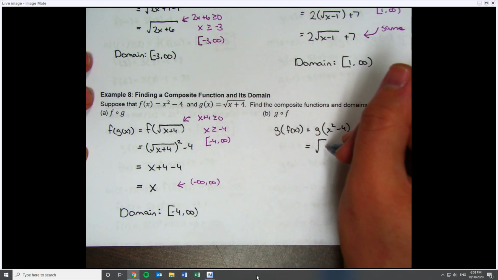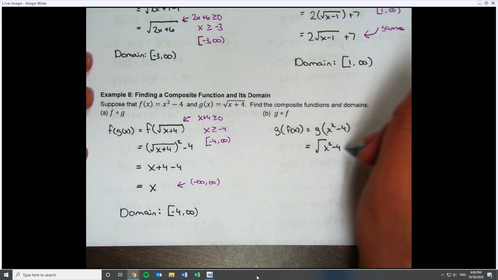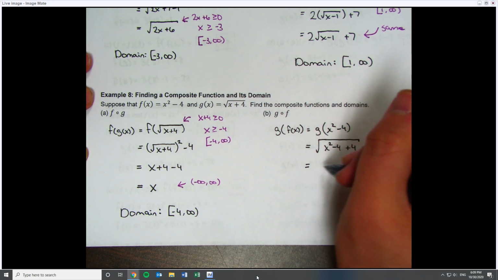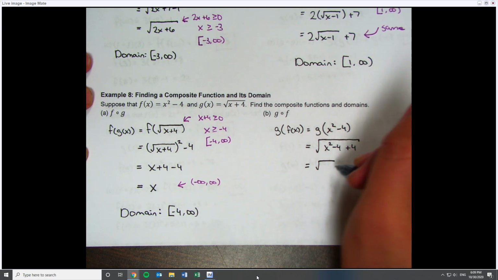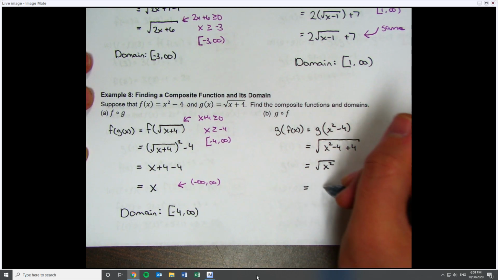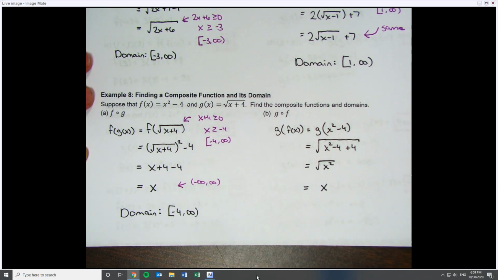Instead of x, I put x squared minus 4, and then plus 4. There we go. Right here, the 4 and the negative 4 cancel, so I get square root of x squared, which is just x again. They both ended with x, which is actually something pretty special that we're going to talk about next time.